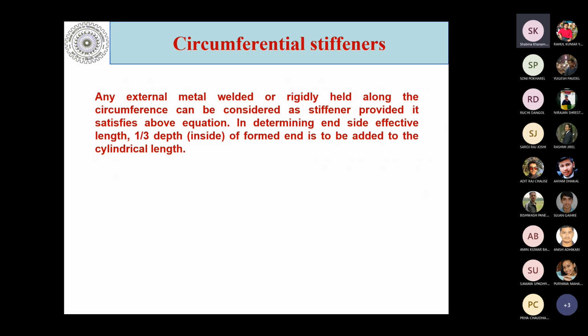Okay, and because that head height is lesser than the cylindrical length, we will not consider that in out of roundness. However, we will consider that part of the formed head, we will add that length to the cylindrical length. Okay, let's say the total height of the formed head is 1 meter. Okay, that is inside, it means hi.